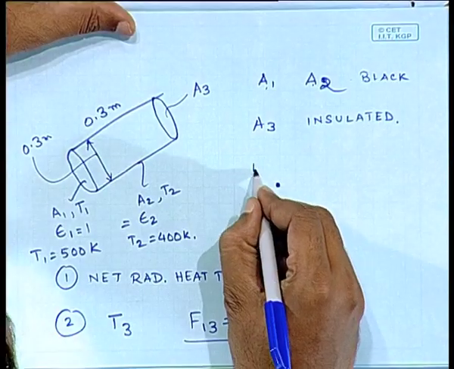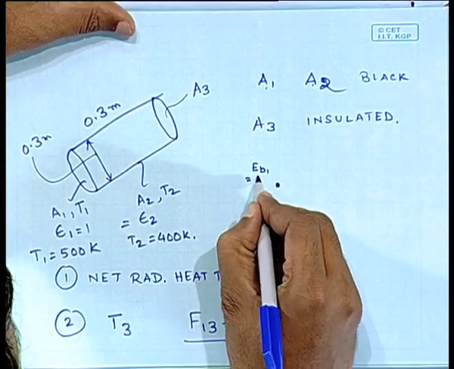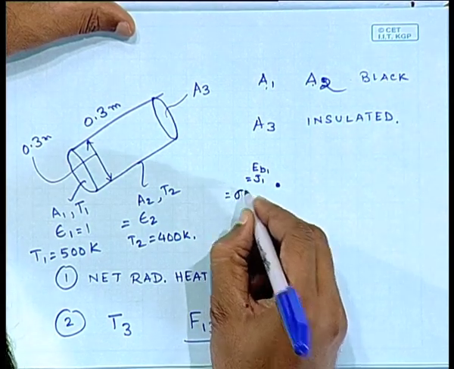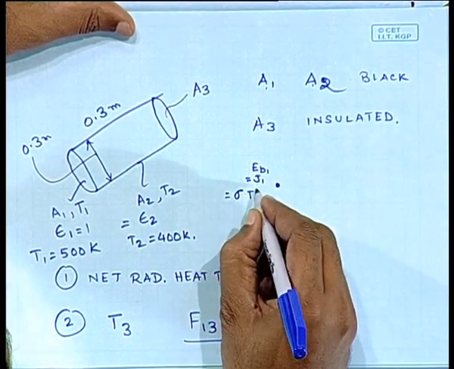Let's very quickly discuss how we can solve the problem, and then I'll give you the answer. How would the circuit look like? Do we have any surface resistance? Surface A1 is a black surface, so Eb1 would be equal to J1, and the numerical value of this is going to be sigma T1 to the power 4.